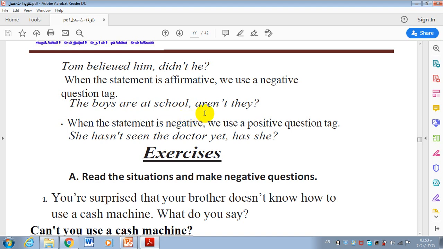So in the question tag we use the helping verb in negative, so it becomes aren't instead of are, and the pronoun they instead of the boys, because the boys is a plural noun.